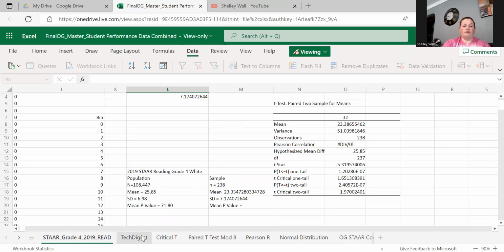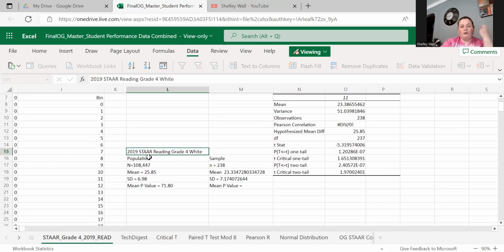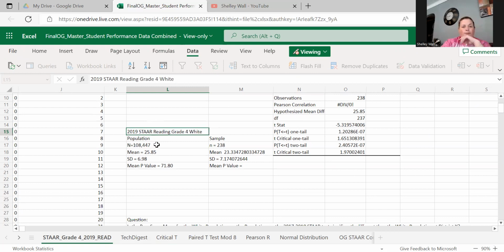Using the technical digest from the TEA website, I went to 17-18 and pulled up the test scores to match my data. I apologize, that should actually show differently, I just didn't change it. It gave me a mean and a standard deviation, but we're pretending we didn't have the standard deviation, and it gave me a mean p-value.